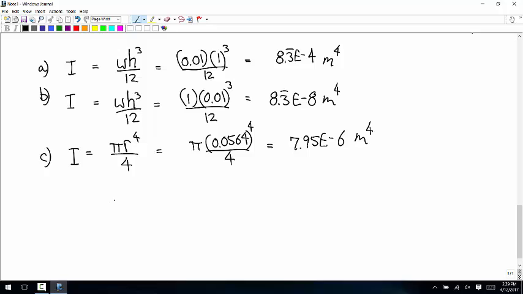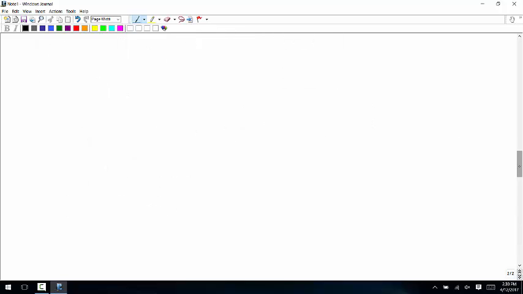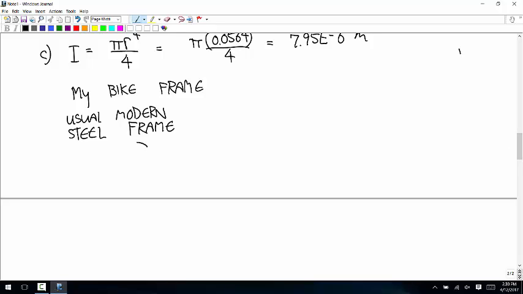Most steel bicycles have a usual modern steel frame like this, so we're looking at a cross section of the tubes.